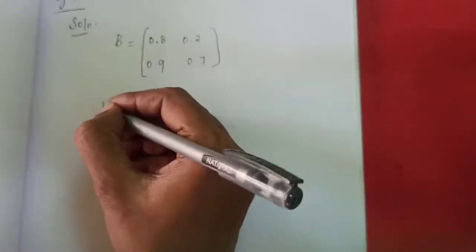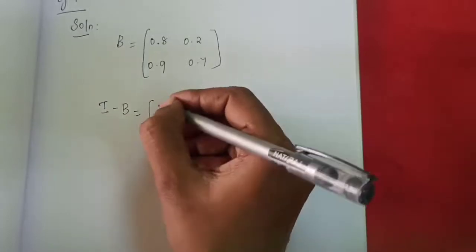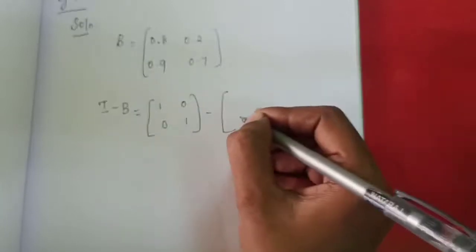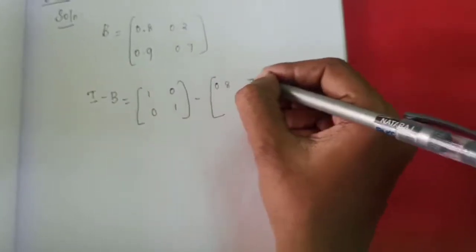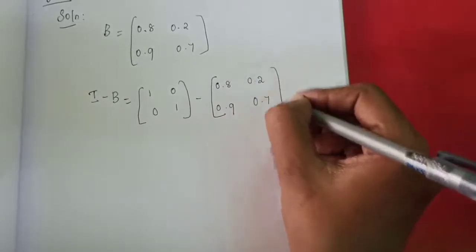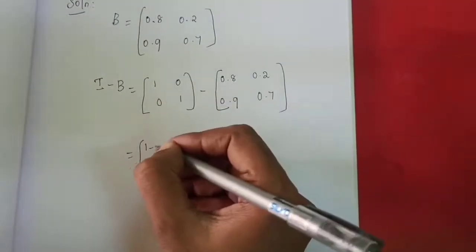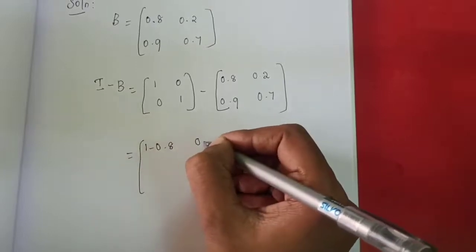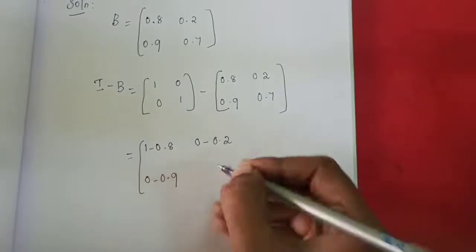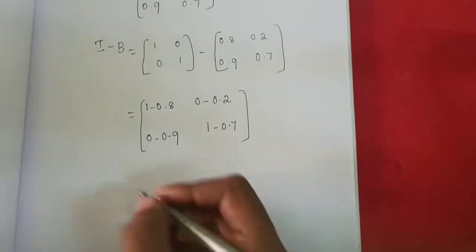So first we need to find I minus B here. I means identity matrix, that is 1 0 0 1, minus our B matrix, 0.8, 0.2, 0.9, 0.7. Now we are going to subtract here. So 1 minus 0.8, 0 minus 0.2, 0 minus 0.9, then 1 minus 0.7.